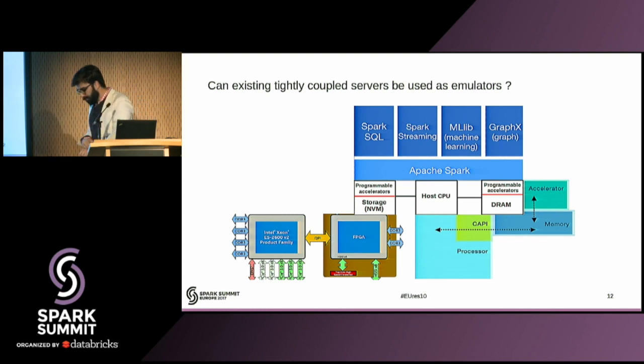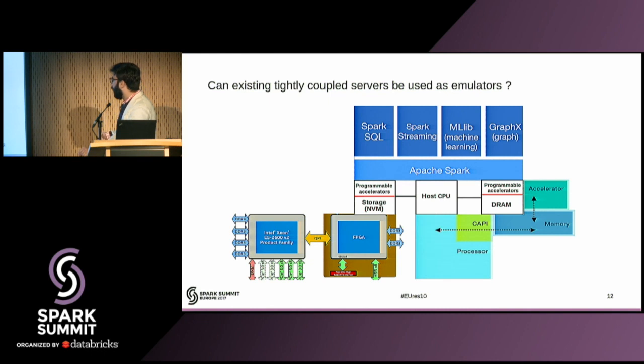Now, in the current server market, we have tightly coupled servers as well, where you have, let's say, an FPGA attached to an Intel CPU over the QPI interface. And you have the same thing from IBM as well, but the interface is different.